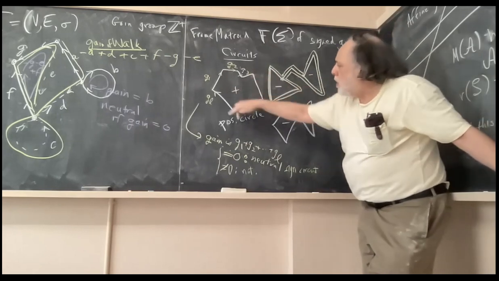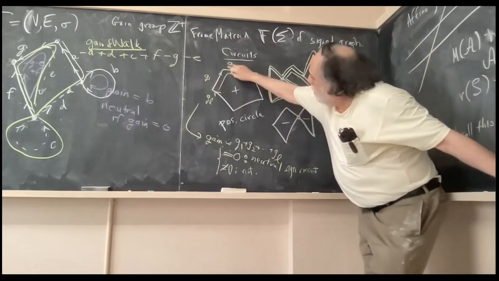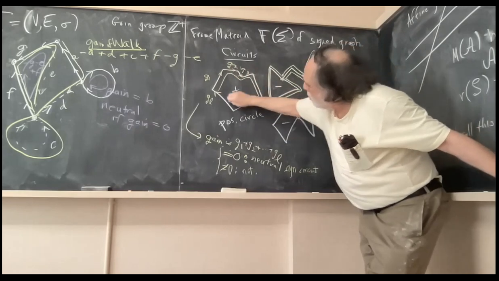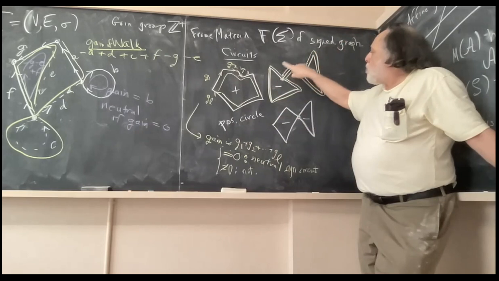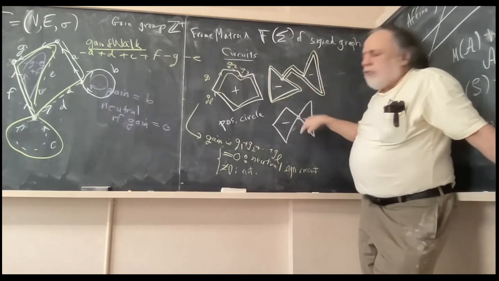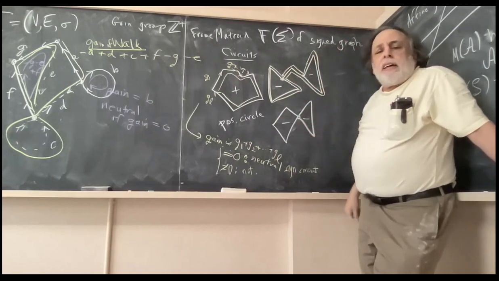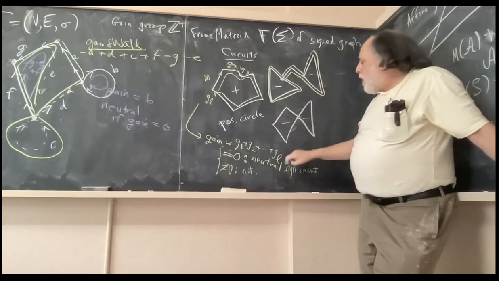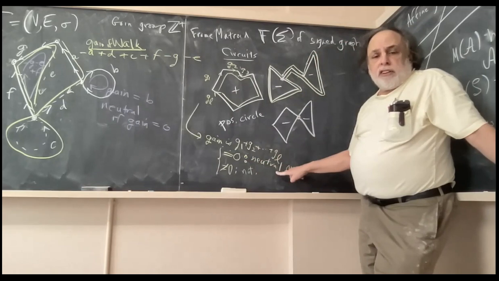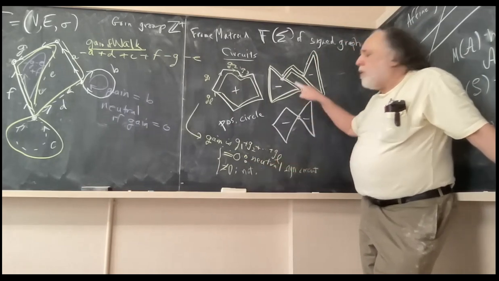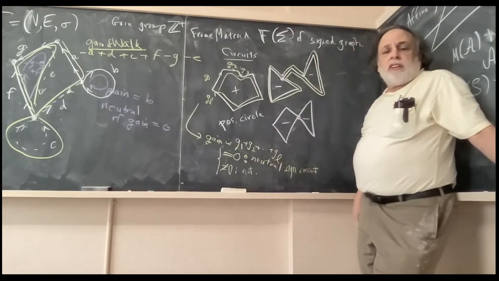So we have a circuit walk here. I should really, just for consistency, show the circuit walk. So that's the circuit walk for a circle, and here's the circuit walk for the handcuff, or the same thing here, basically. And we want to know if the gain is 0, that's a neutral sine circuit. And if it's not 0, it's a non-neutral or frustrated sine circuit.